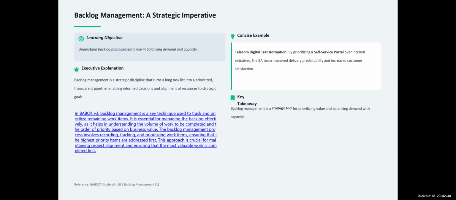It helps you understand how much work you have, and out of those works that need to be completed, which one should come first. Because you don't have infinite resources. You only have a set of resources, and the output that they can give at a point in time is also limited. So, for example, if we have 10 developers and you're having hundreds of requests coming in, you need to do backlog management where you prioritize.